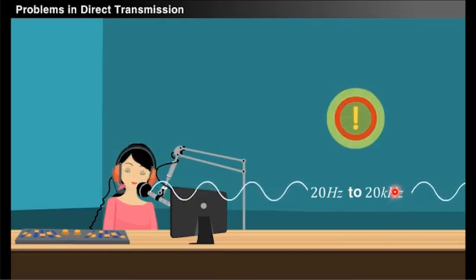These are very low frequency signals. It is impossible to transmit these low frequency signals directly due to certain drawbacks. Let us see what are all the problems involved in transmitting the low frequency signal directly.